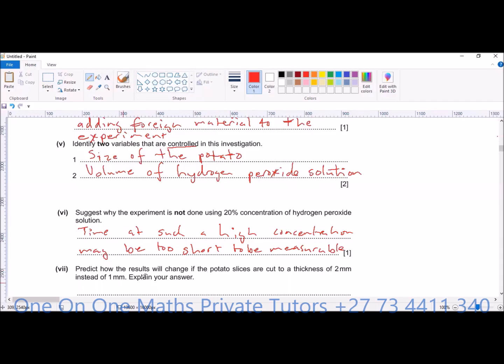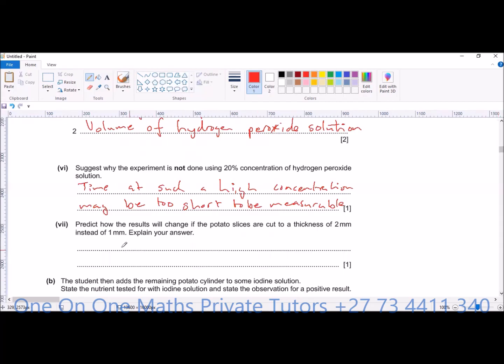Predict how the results will change if the potato slices are cut at a thickness of 2 millimeters instead of 1 millimeter. I would suggest that the time to rise to the top would be greater.